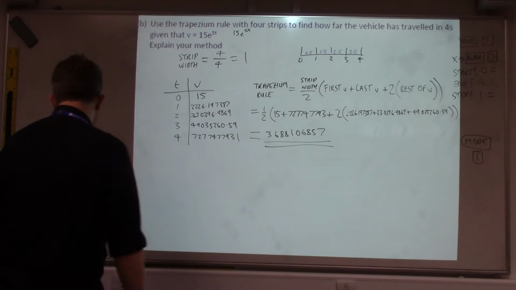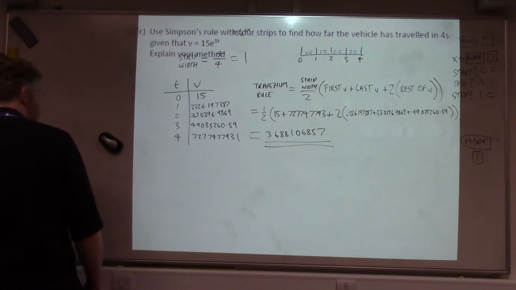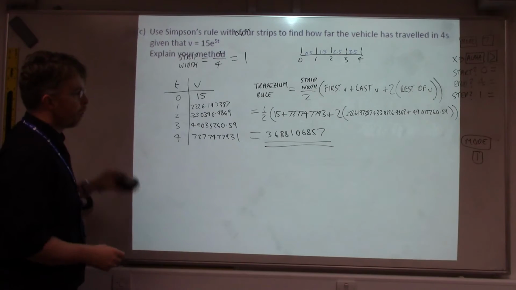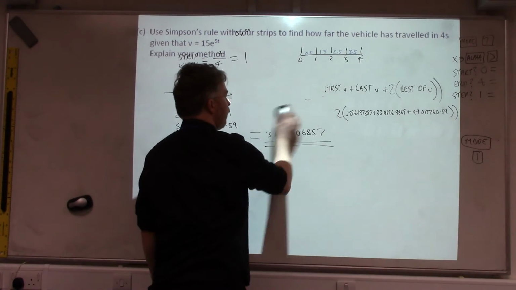Moving on to Simpson's rule. We don't need a new table. Simpson's rule uses the same table, just a different formula.